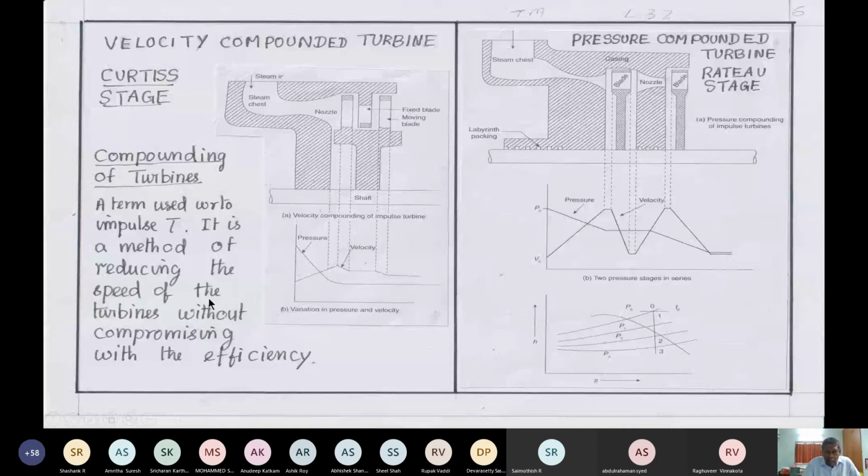Suppose you have a de Laval turbine. It has to run at 20,000 RPM, and there it might be producing so many megawatts. Now the load you have connected is such that it runs at a lower speed.